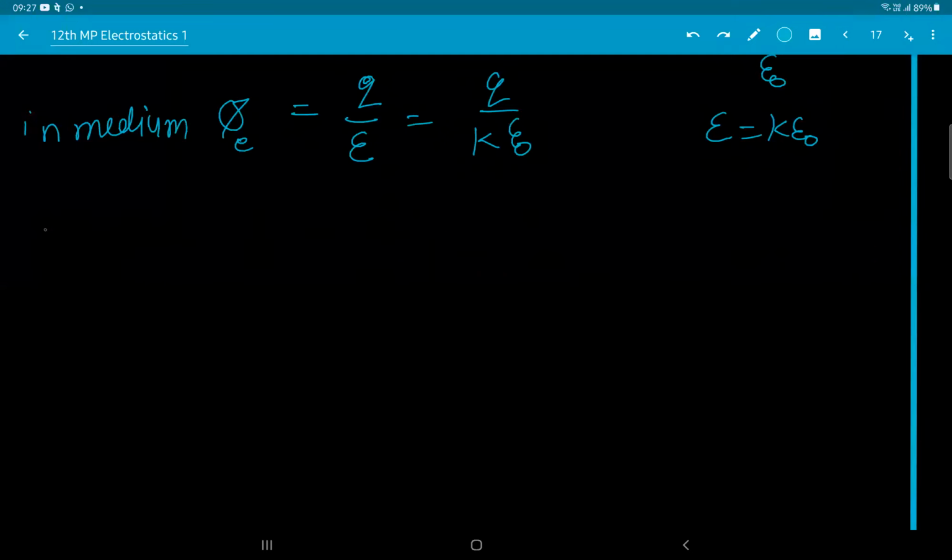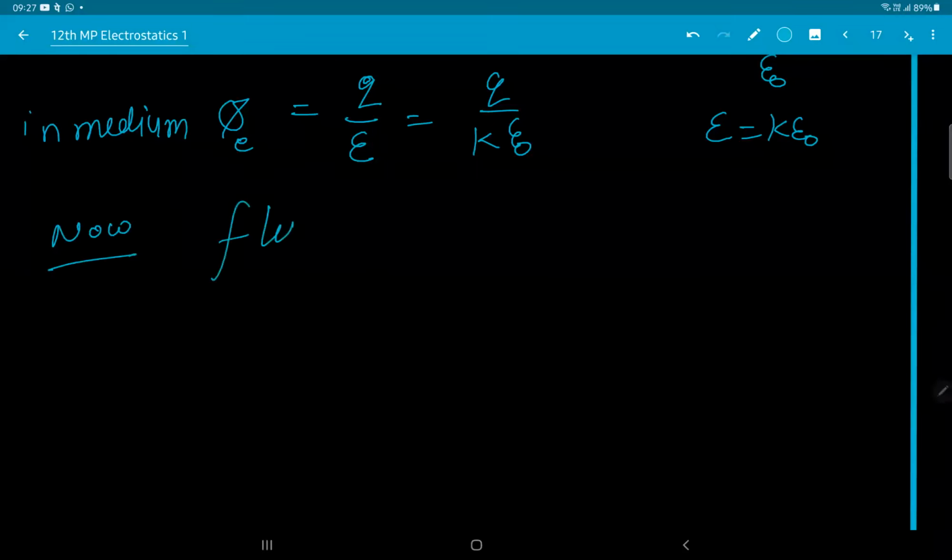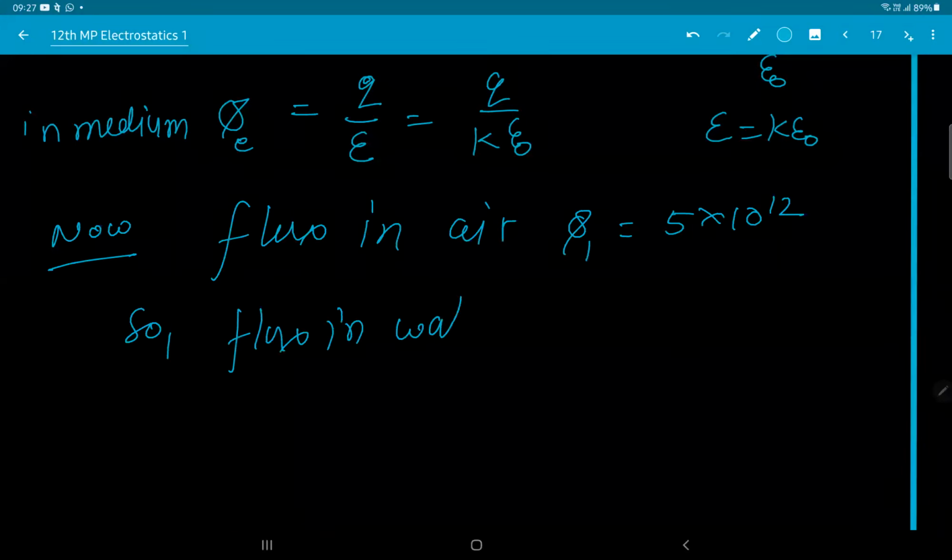Now flux in air phi 1 is equal to 5 into 10 to the power 12. So flux in water phi w is equal to 5 into 10 to the power 12 by 80. Just solve it and get the answer.